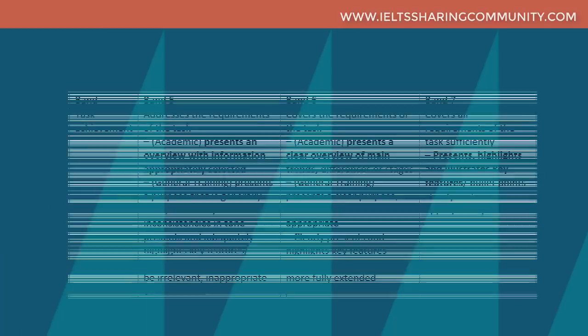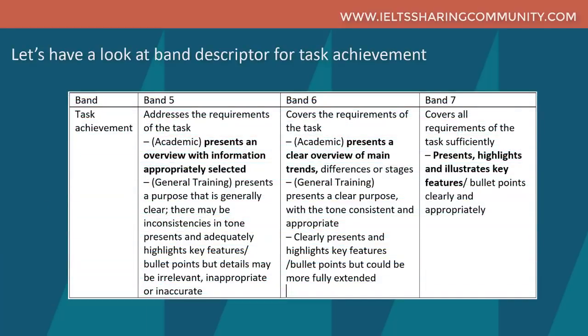Now, let's have a look at the main descriptor for task achievement in IELTS Writing Task 1. For task achievement in Band 5 or 6, it says you are required to have a clear overview.